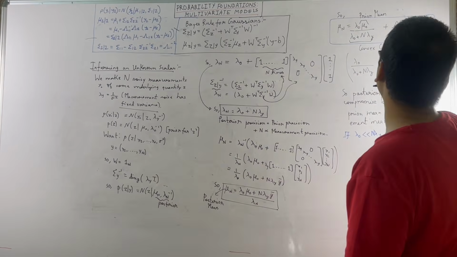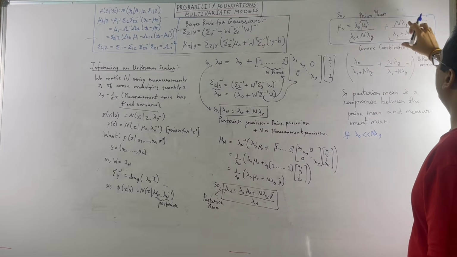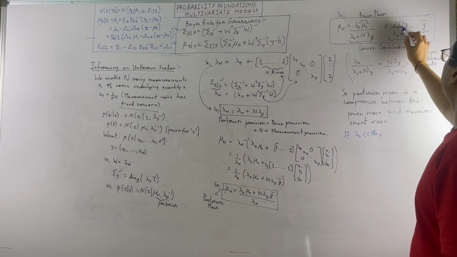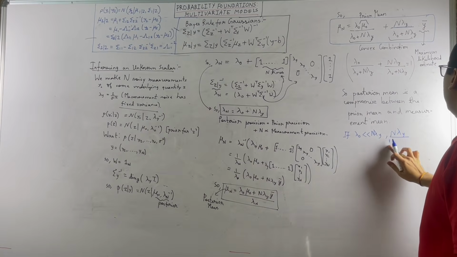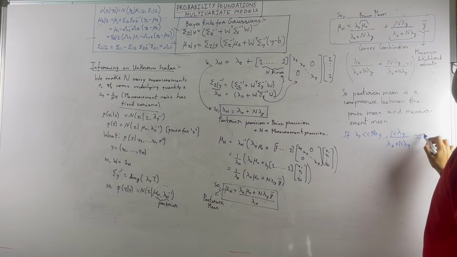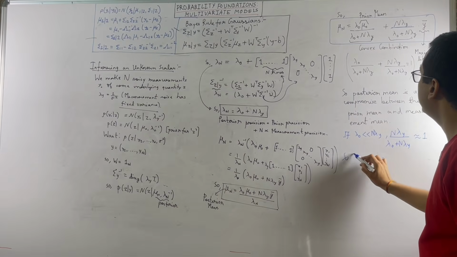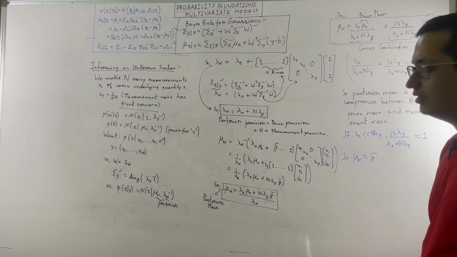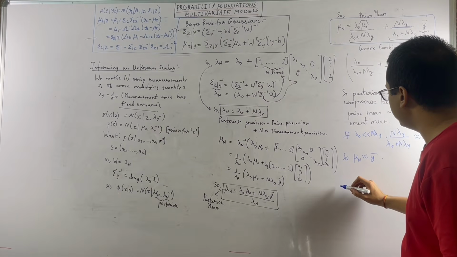Then in that case this fraction will be close to 0, and the term n lambda y by lambda naught plus n lambda y will be very close to 1, right? So mu n will be very close to the measurement mean.